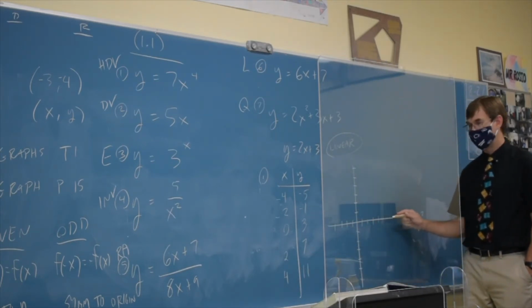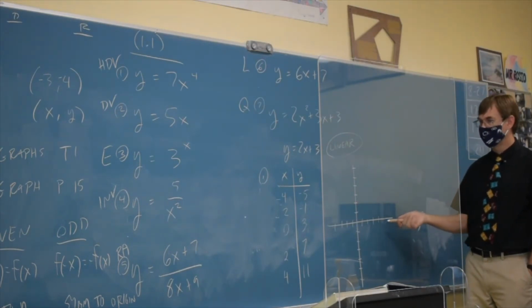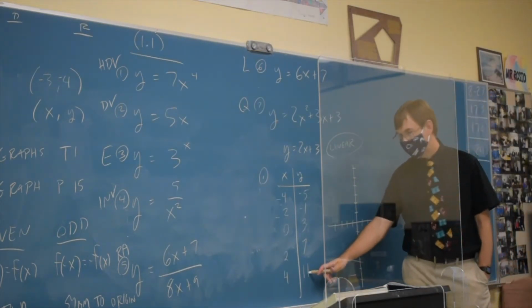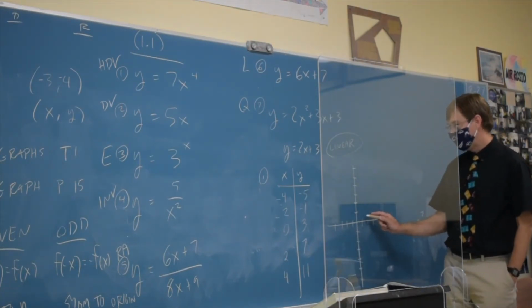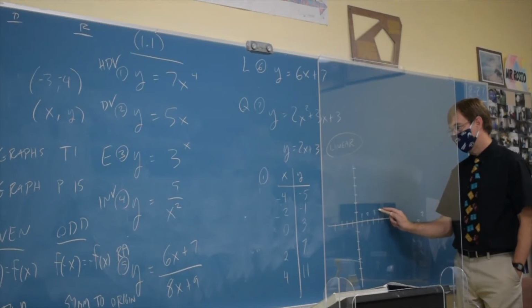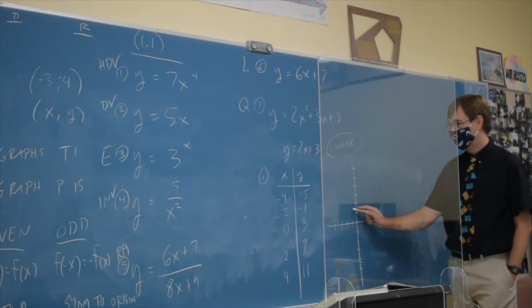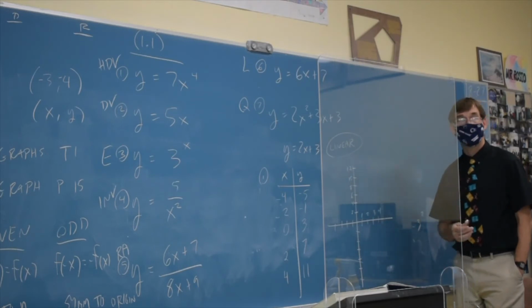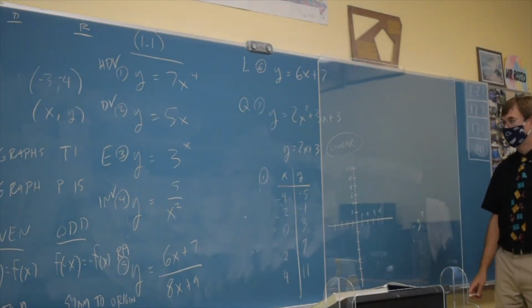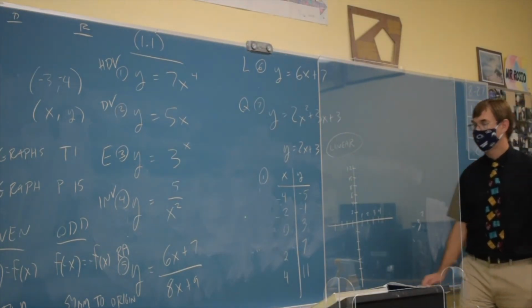I didn't feel like I needed to count by 2s. I didn't mind counting single spaces. But when I went to do this one, I didn't feel like making 11 marks. So I'm going to need you to show me, like you counted 1, 2, 3, 4, or 2, 4, 6, 8, 10, 12. Show me what you're counting by in some way, label those, and then we'll plot these points.